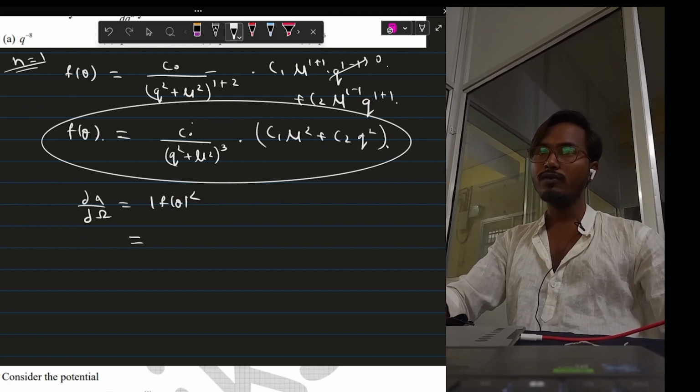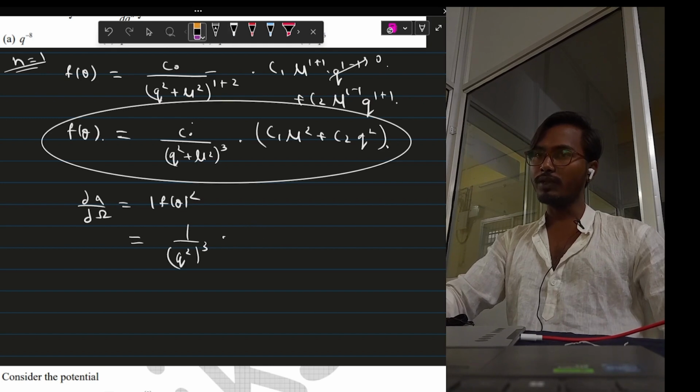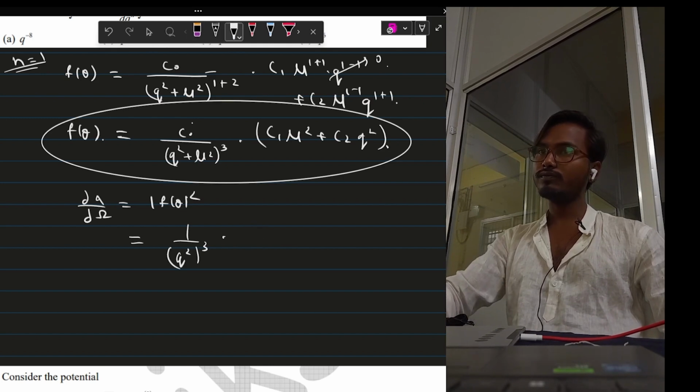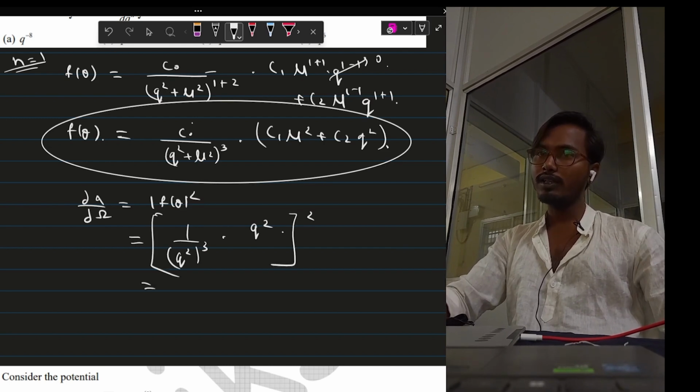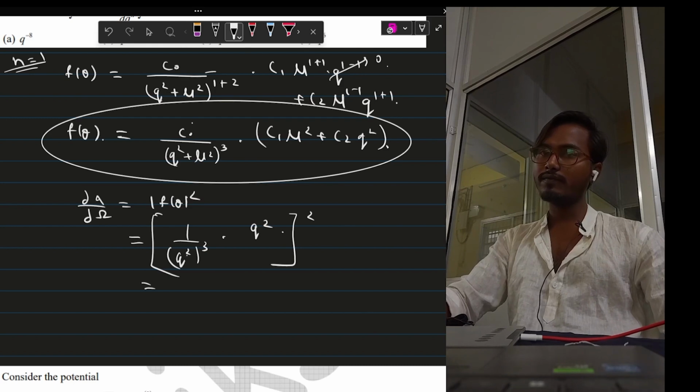Okay, so here we have q square raised to power 3, and then C2, we are going to ignore this also. Here we have q square, and then whole square. Let us solve. 3 times 3 is 6, q raised to power minus 6 plus 2, which is raised to power 2.